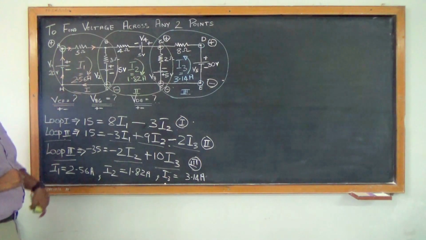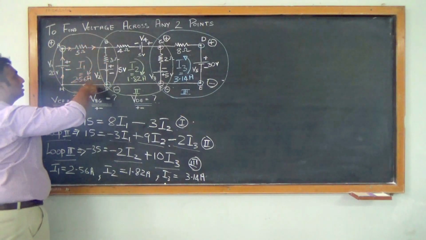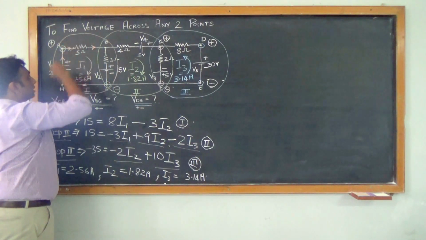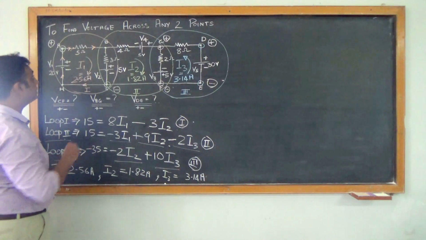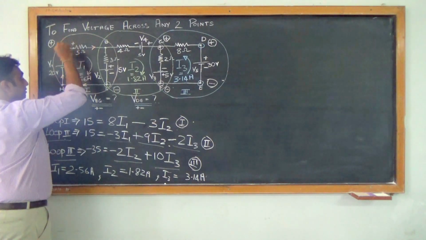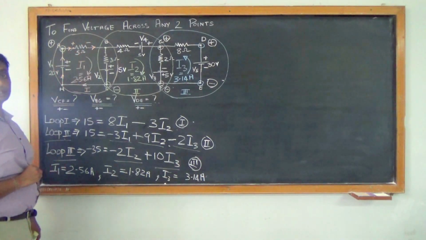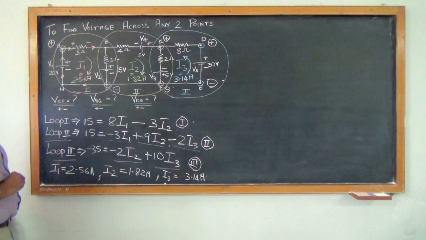So if this is I1 and this is my direction, the first terminal that my current touches of any resistor becomes positive and the second terminal becomes negative. So this is how the polarity is assigned.